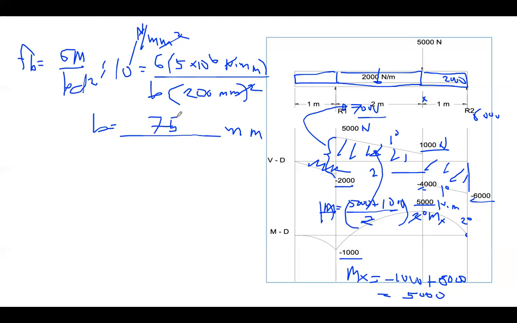So in this problem, this just shows how you can compute maximum shear, maximum moment, and at the same time, if you have some question related to calculation of B, calculation of D. Tama ba, sir? Check ko. 75 millimeter? Ang liit naman, 200 millimeter. Kay kahoy naman siguro to.